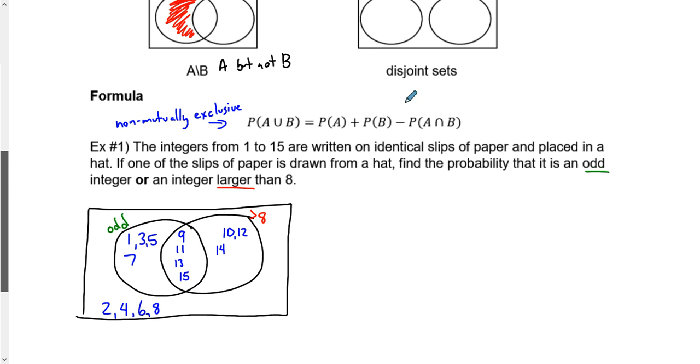So if you look at all the numbers, let's see how this formula actually works. What would be the probability of A union B? Now actually, let's change what our A's and B's are. Let's say that A is odd, whereas B is talking about something that would be greater than 8.